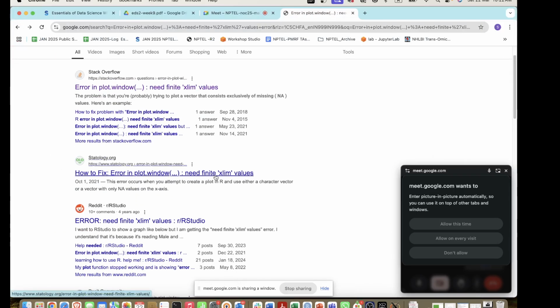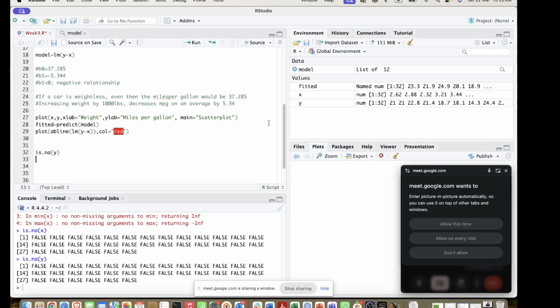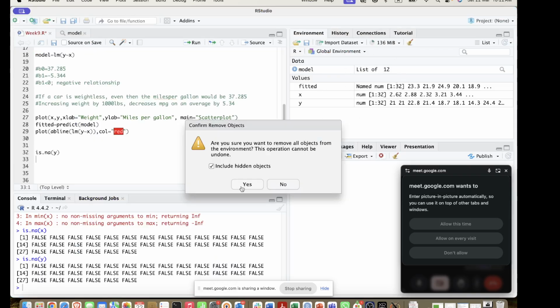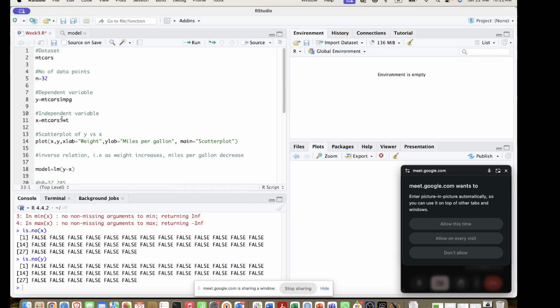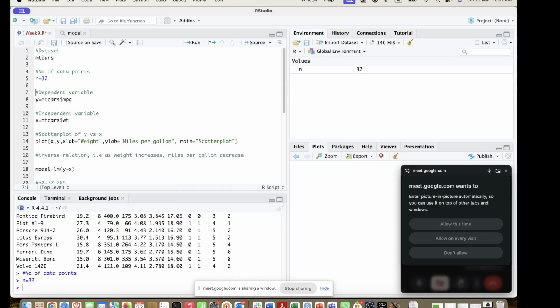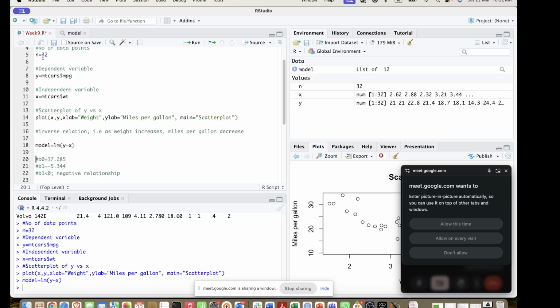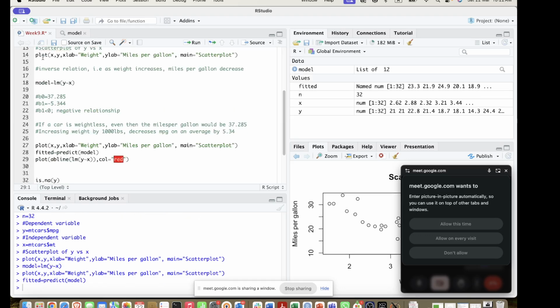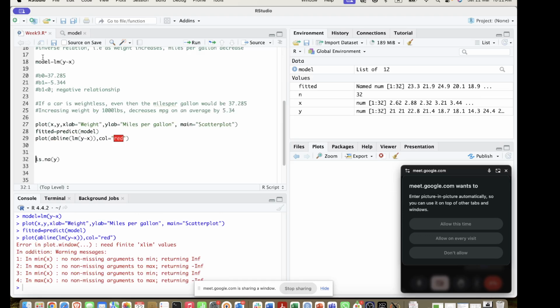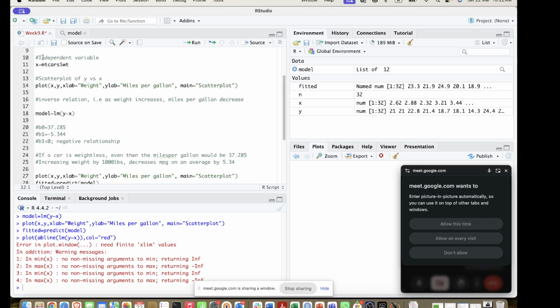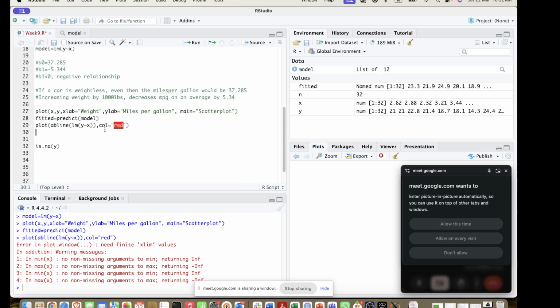So perhaps I should clear this environment and then run it. Why is it giving this?